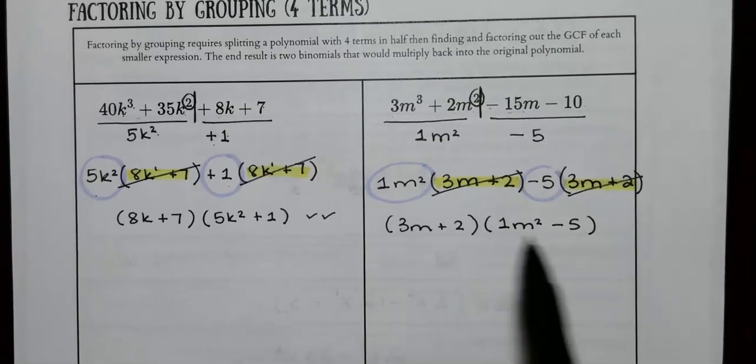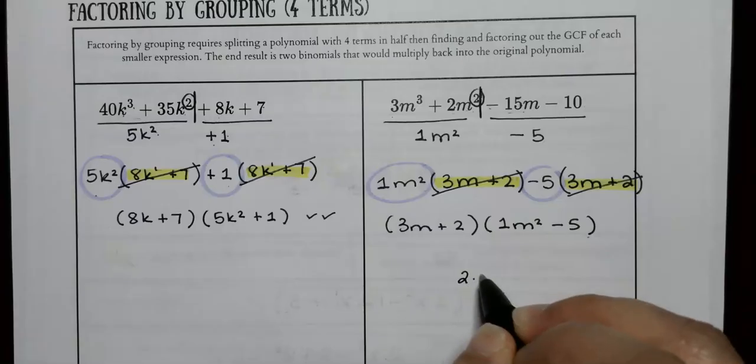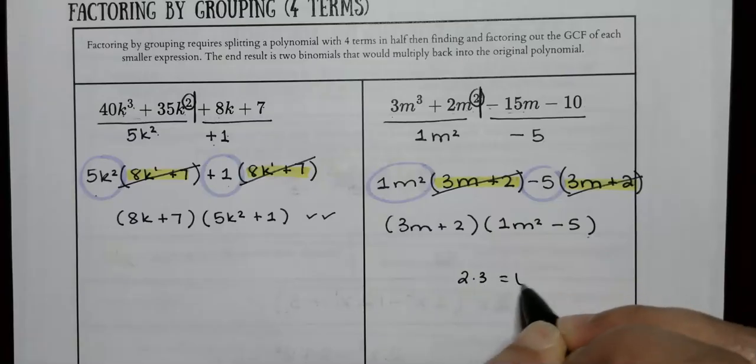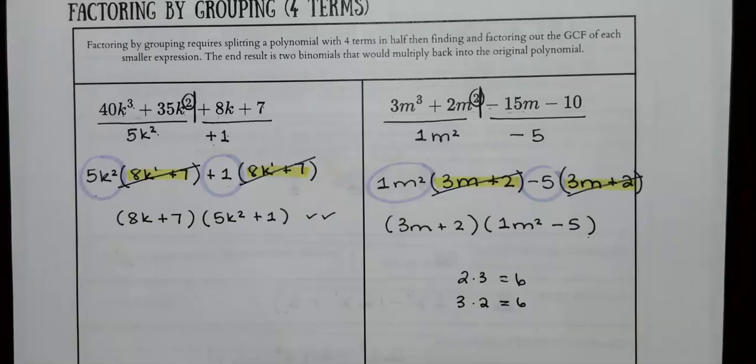If you put this parentheses first and then this one second, it's still the same thing. Because if you multiply 2 times 3, it gives you 6. If you multiply 3 times 2, it still gives you 6. So multiplication is one of those things that you can reverse the order and still get the same answer. So the order of your parentheses does not matter, but what's inside does.